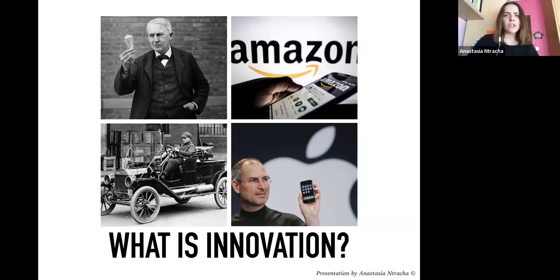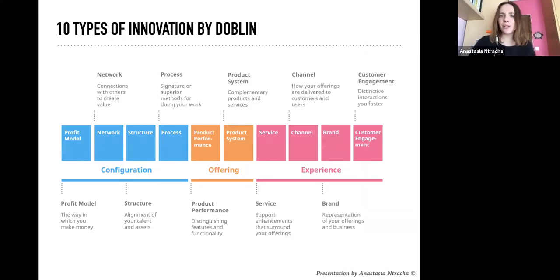There have been actually more than 10 types of innovation, and usually most startup mentors and experts suggest that each startup has at least 2 or 3 types of innovation integrated within its core. A startup or project can be innovative in terms of how it makes money, its profit model, its business model.